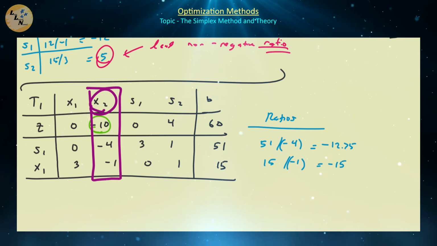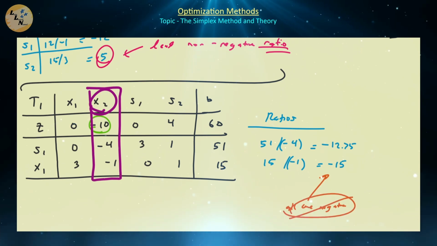So which one do we choose? We choose the least non-negative ratio. But what do we have here? All are negative, right? Actually, that's probably not the best way to think about this. None are positive.